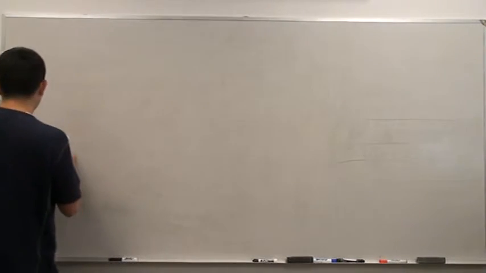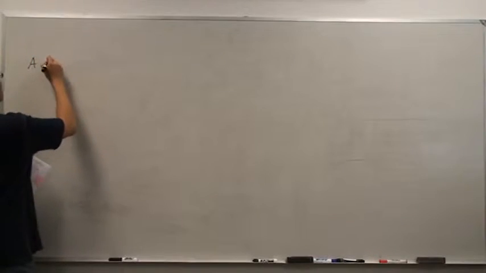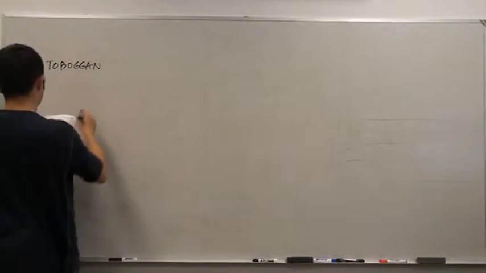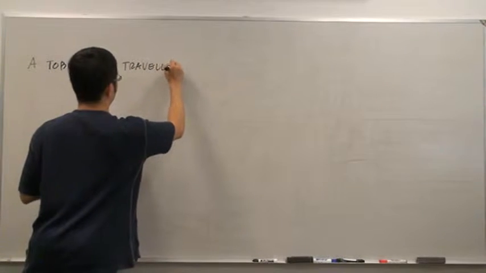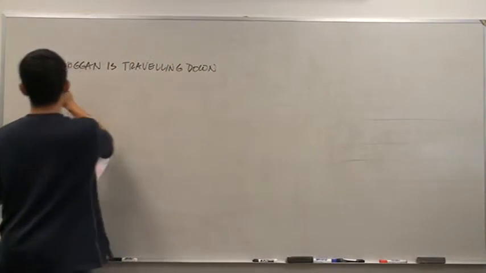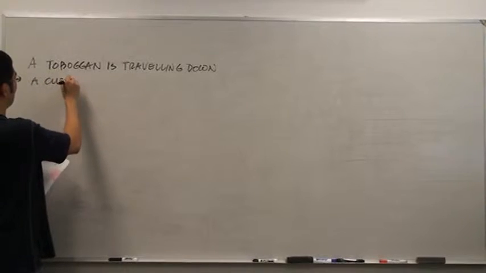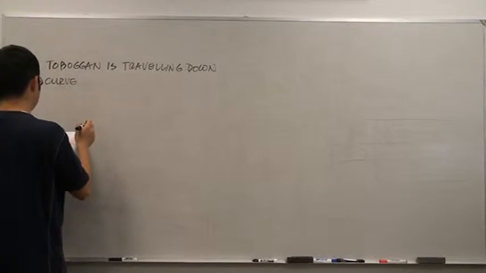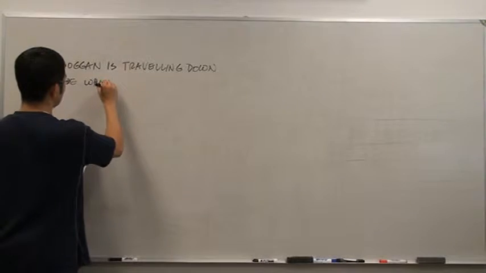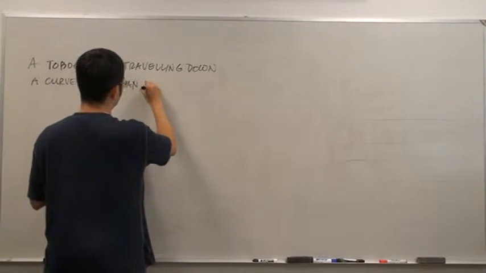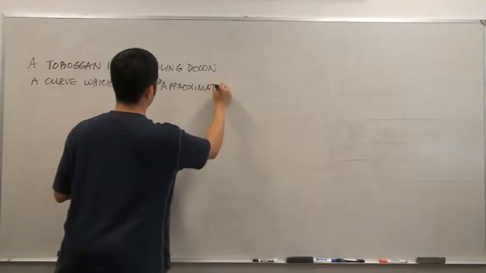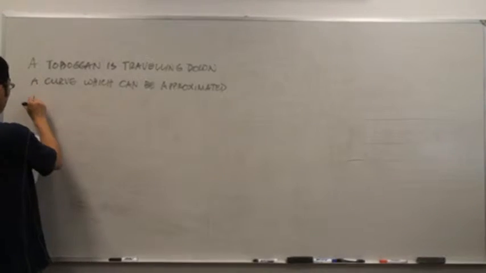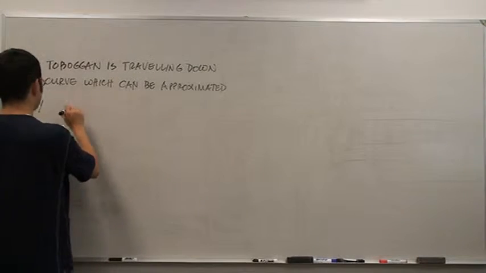Okay, so in this example, the toboggan, this is like a sled, is traveling down a curve which can be approximated by a parabola.